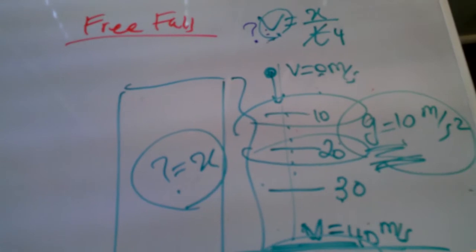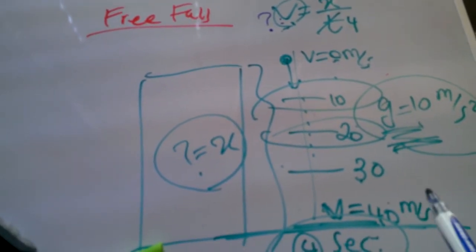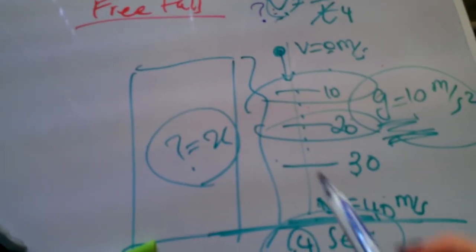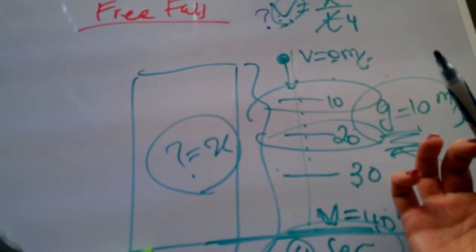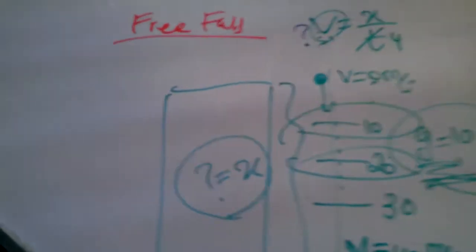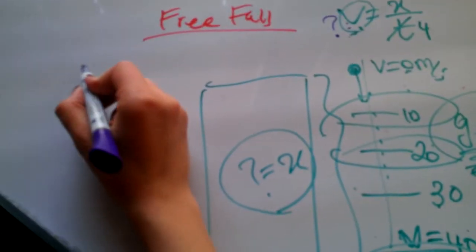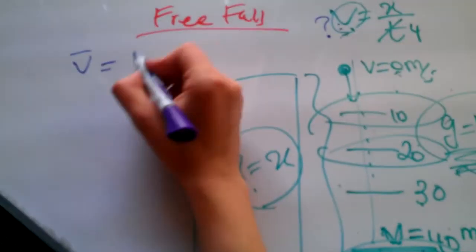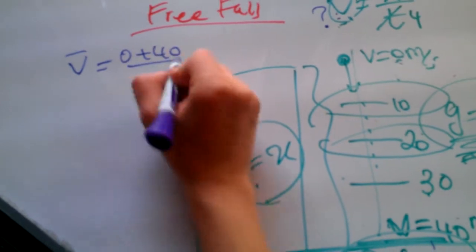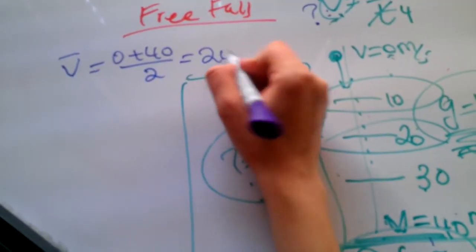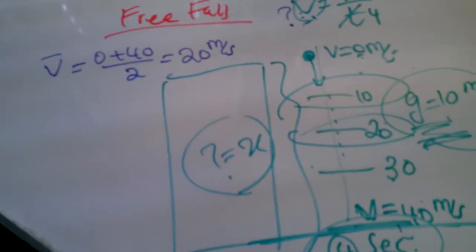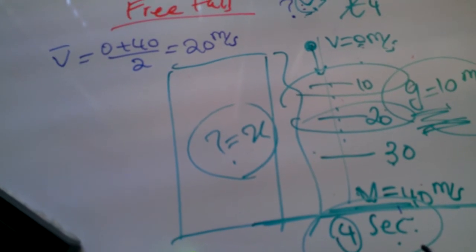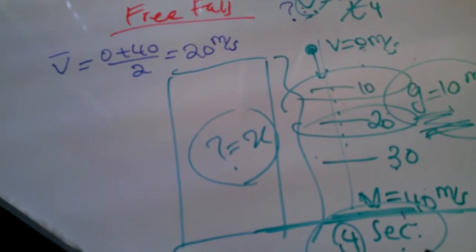Now that the velocity changes, in order to be fair, we need to take the average of this velocity. What we do is we take the average velocity and we choose, let's say, the first and the last: 0 plus 40 over 2, and that gives me 20 meters per second.